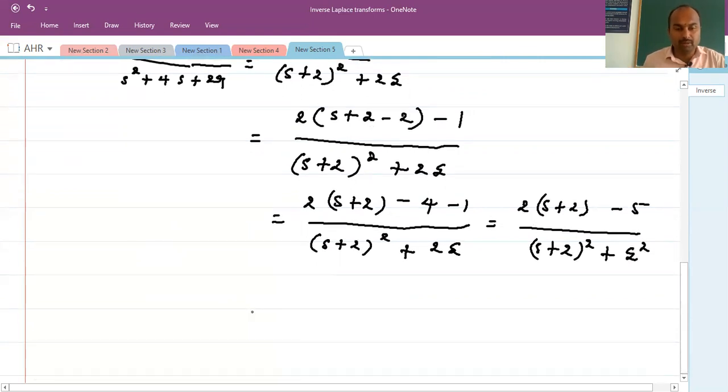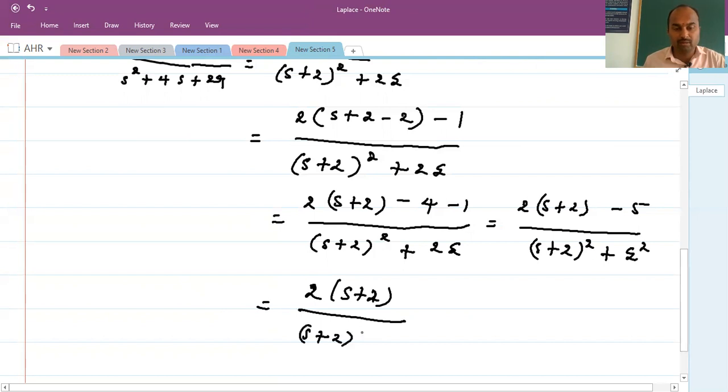So I'll split it into two terms: 2 into s plus 2 by s plus 2 whole square plus 5 square, minus 5 into 1 by s plus 2 whole square plus 5 square.